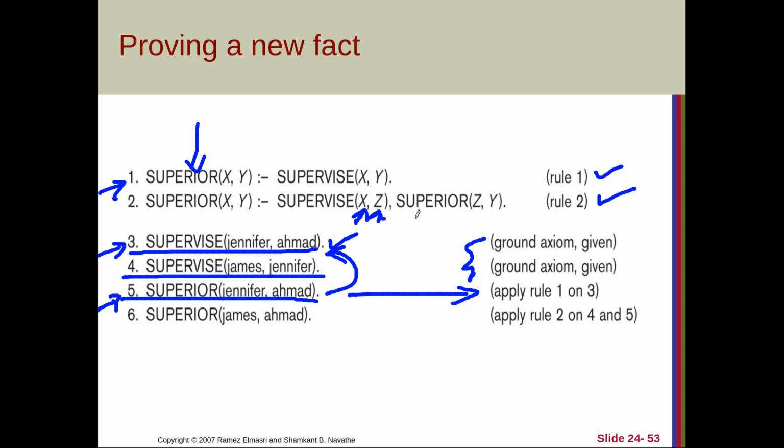Then Z will be replaced with Jennifer and Y with Ahmad. So automatically we are forming a new thing: James and Ahmad are also related. Applying rule 2 on 4 and 5, we are getting a new rule, that is, James is superior of Ahmad. So this is the way in which we prove whether a new statement is true or false.